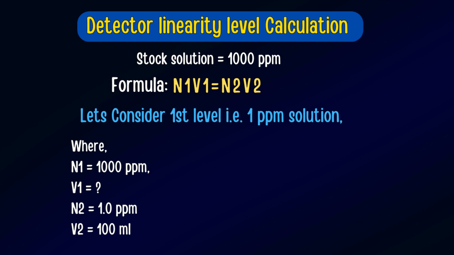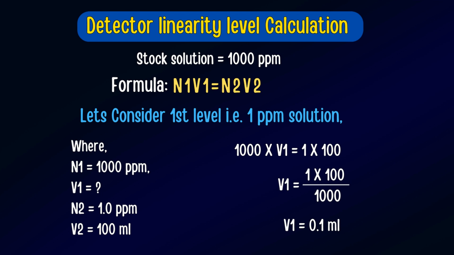So we can calculate 1000 into V1 is equal to 1 into 100. This can be further calculated as 1 into 100 divided by 1000 will give 0.1 ml. So using this formula we can calculate our remaining levels, that is 10 ppm and 100 ppm.